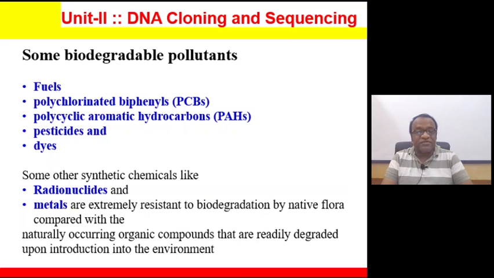So these are extremely resistant to the process of biodegradation by native flora compared with the naturally occurring organic compounds, so that are readily degraded upon introduction into the environment. So they are resistant to the native flora, so we have to go for the genetically engineered microorganisms. Then we have the hydrocarbons.